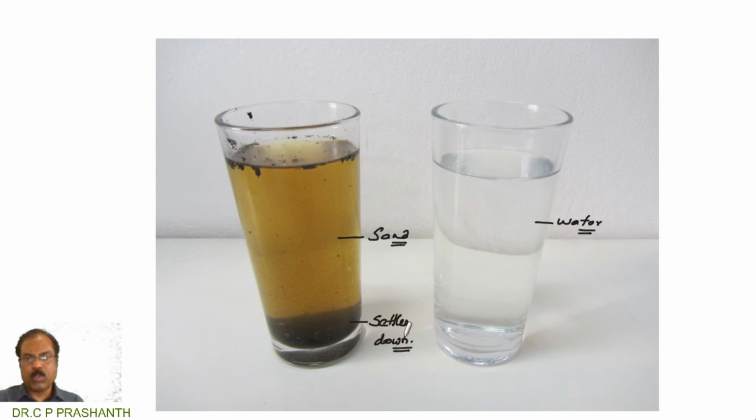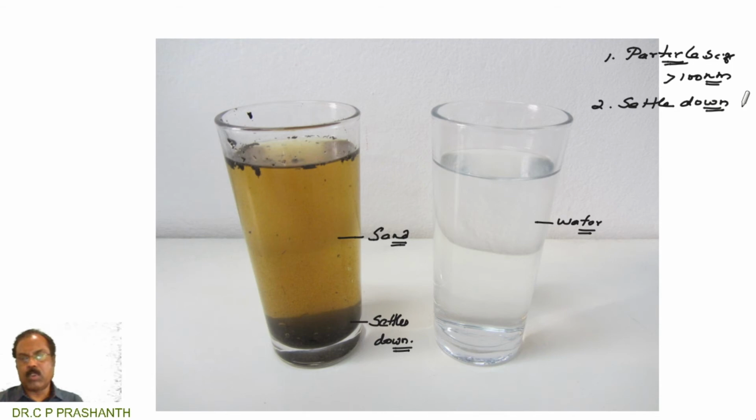So let us make all the observations quickly. Number one, particle size is the fundamental difference here. In this case, particle size is more than 100 nanometers, and that is the reason they settle down. They settle down, which means the particles are under the effect of gravity.